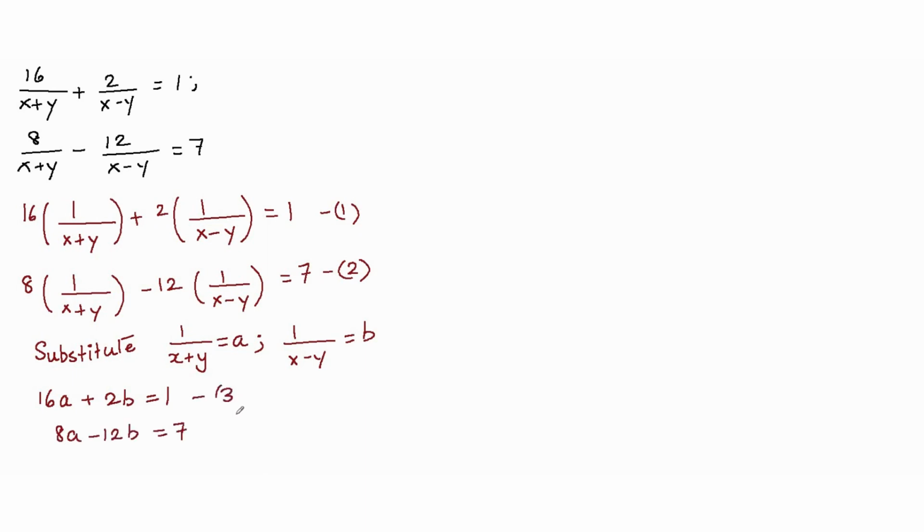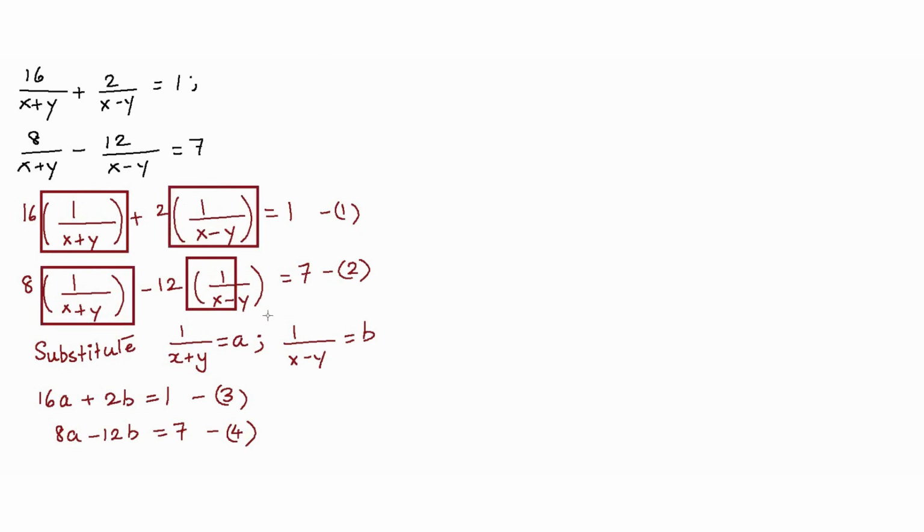So this is my third and fourth equation. Now I am going to solve for the variables A and B first. Why did I make this substitution? I saw 1 by x plus y in both the equations, and I saw 1 by x minus y also in both the equations, and that is why this substitution was really helpful.